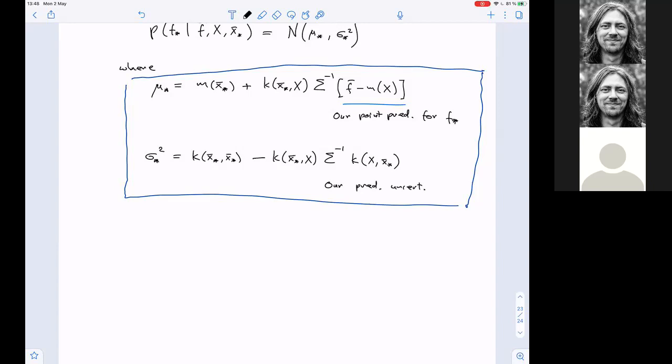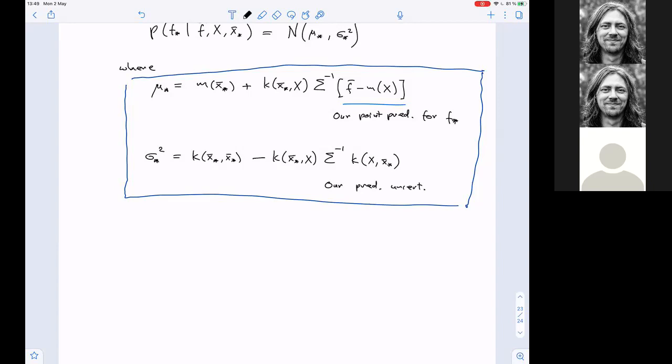It's also worth noting that in both these expressions, we need the inverse of this covariance matrix sigma. And that turns out to be the main computational challenge of GP regression, that this inverse pops up everywhere. In general, computing the inverse of an n by n matrix is an n cubed operation.